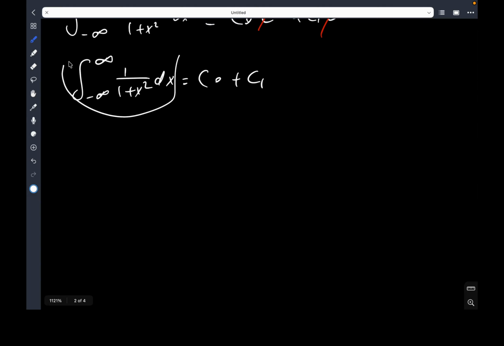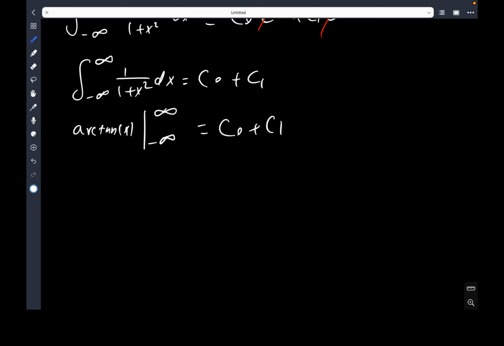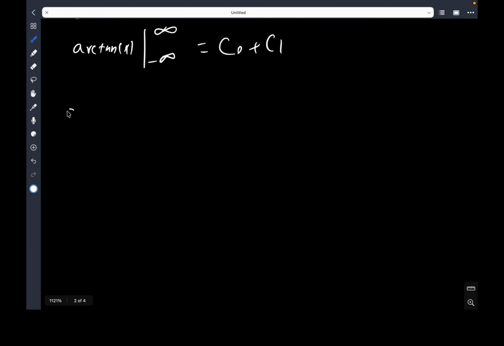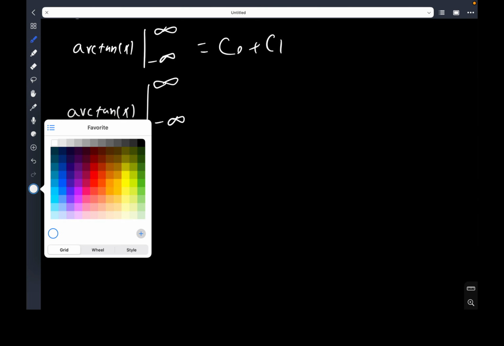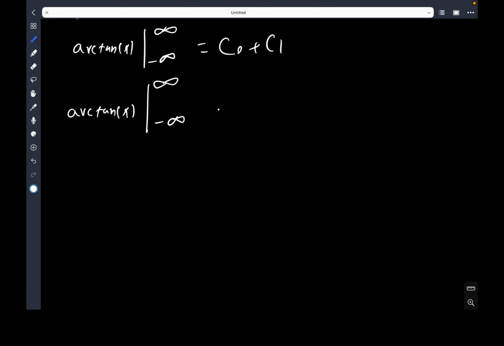And how do we find this integral here? If you look really closely, you're gonna see that this is the derivative of the arctan function. Thus this integral is arctan of x, the limit from negative infinity to infinity, equals c naught plus c1. This limit, arctan of x, negative infinity to infinity, infinity is not a number but rather a concept.